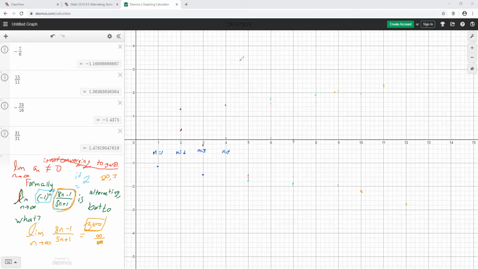And I also want to remind you, because we're going to start doing this on the next lesson, what happens if we use L'Hopital's rule? What's the derivative of 8n minus 1? 8.